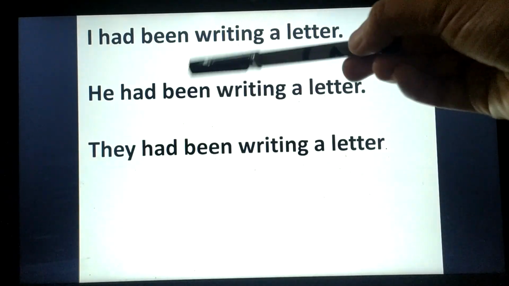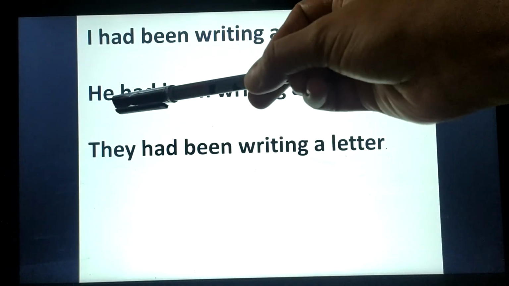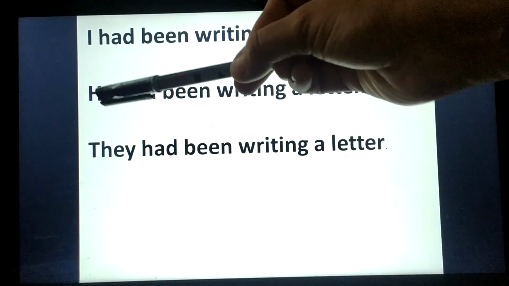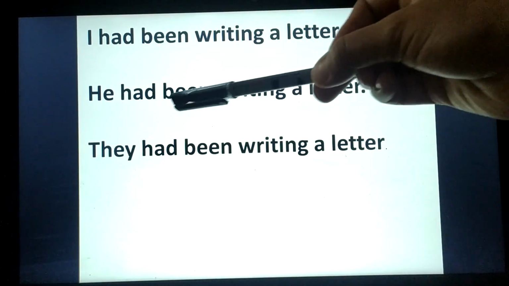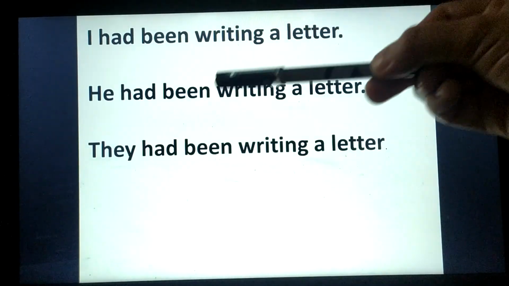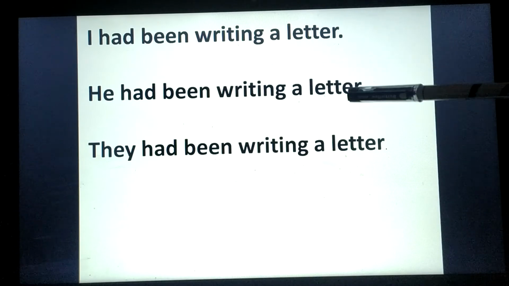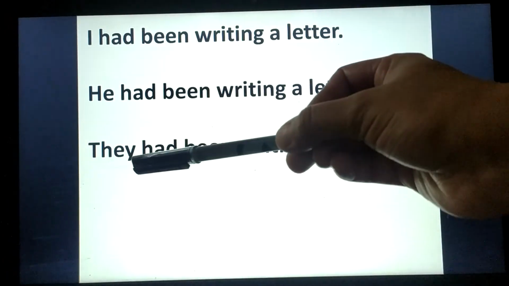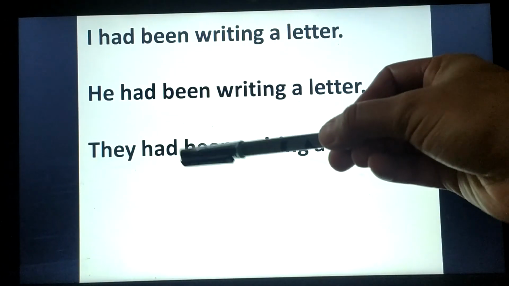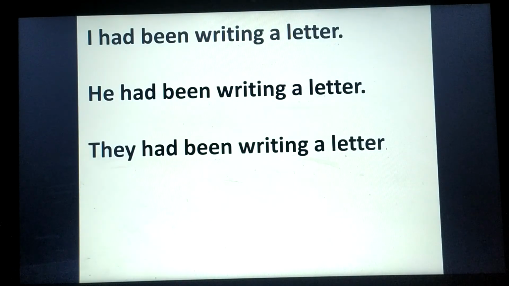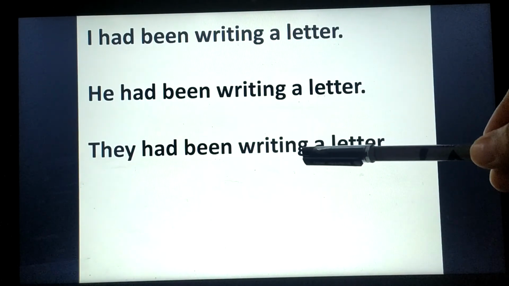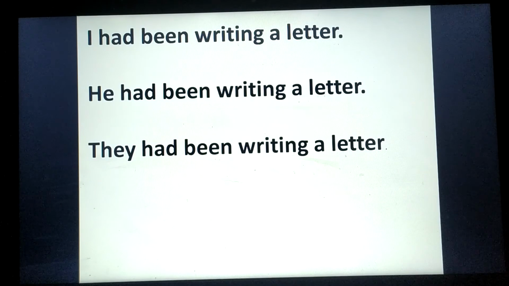And after that, the next sentence, he had been writing a letter. With the subject he also, I have used the same helping verb had been and verb's first form with ing and then the object. And if you look at plural they, here also we have used the same helping verb had been with verb's first form with ing and the object, right?